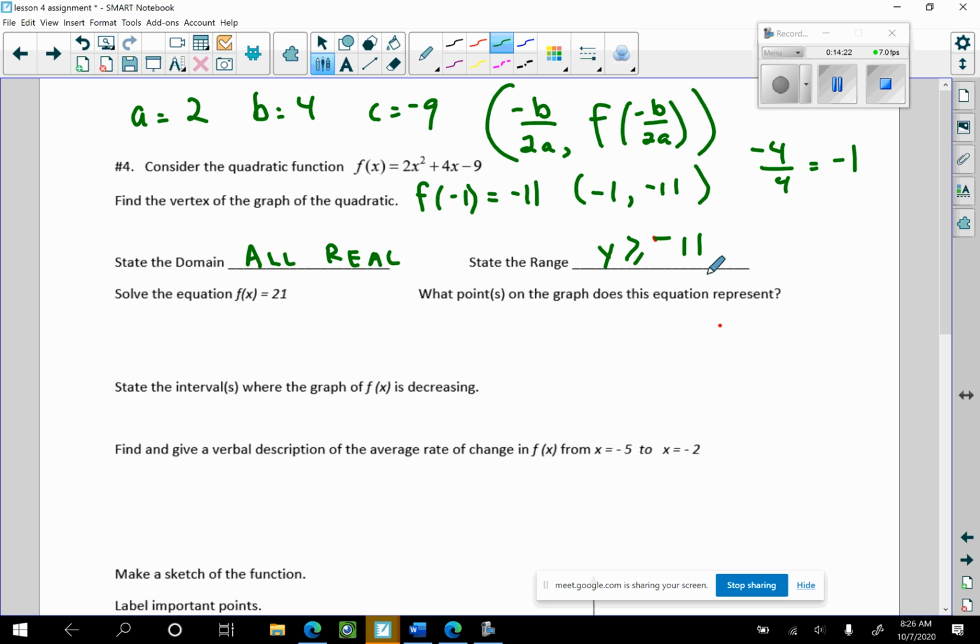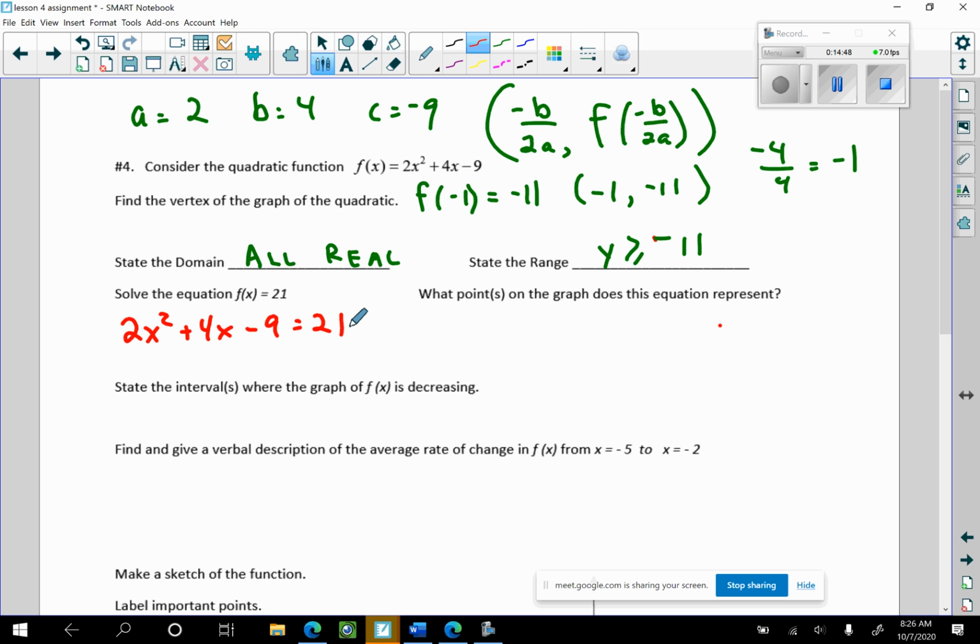Solve this equation where f of x is equal to 2x squared plus 4x minus 9 is equal to 21. There's the equation for that. I'm not going to walk through this problem because I want to get to the verbal description of the average rate of change.